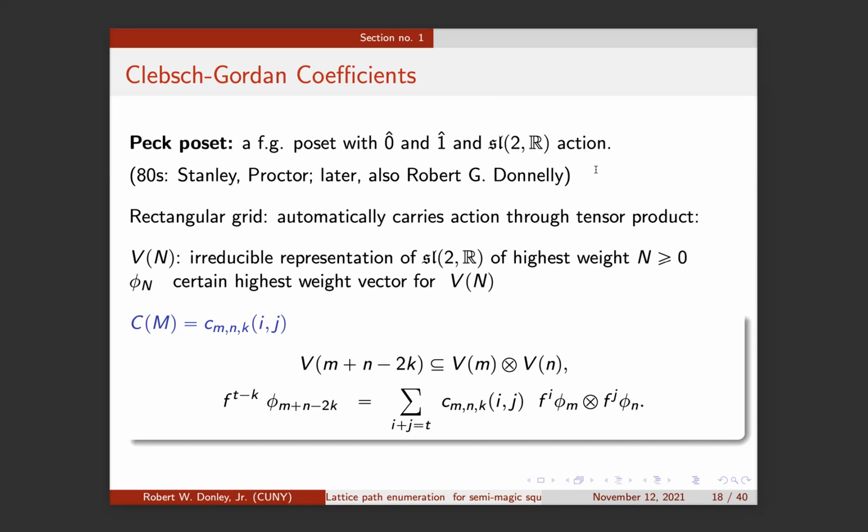Now, for rectangular grids, we really don't need Peck posets because rectangular grids automatically have an SL2R action behind them. If I take a tensor product of two irreducible representations of SL2R, the weight diagram, you're taking a chain with another chain, and that just turns into a rectangular grid. So there's no mystery of where the SL2R action comes from.